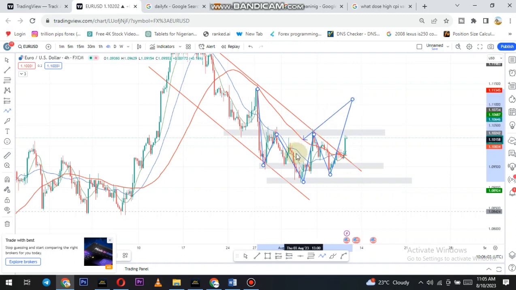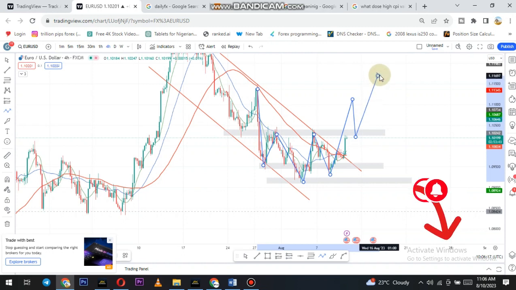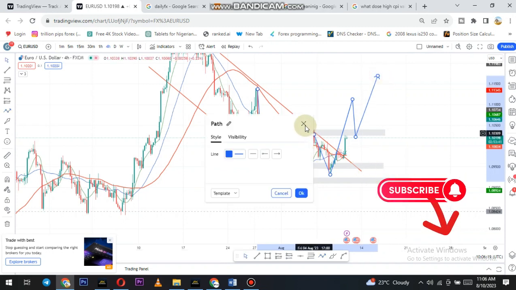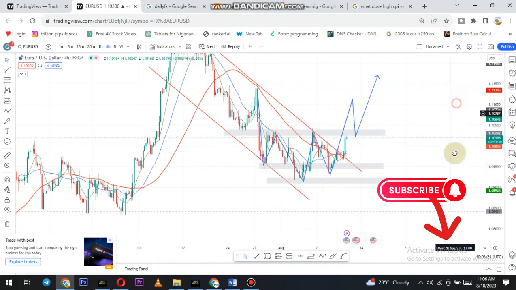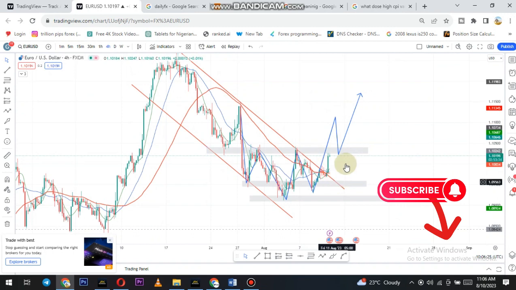That's when it will be confirmed to be a head and shoulder. And if that happens, which I'm expecting to happen during the news, we'll wait for a pullback to this region here before taking long position for a buy, right?